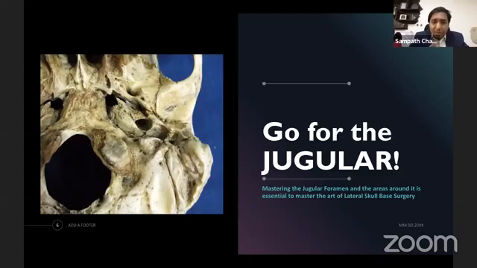Now, infratemporal fossa. One of the most pivotal areas of the infratemporal fossa is the jugular foramen and the areas adjacent to the jugular foramen. So this is in frank infratemporal fossa. This is what the anatomists would call infratemporal fossa. Now, diseases do not limit themselves by our anatomical definitions.